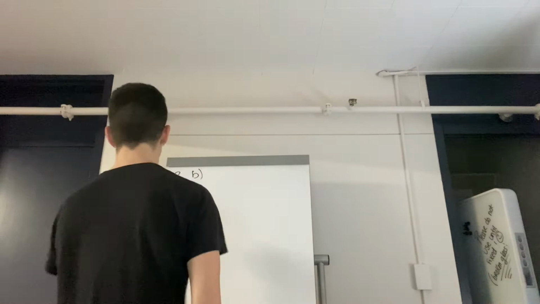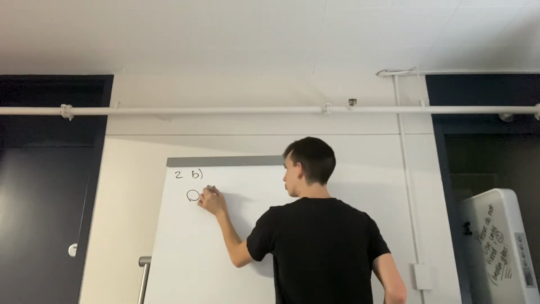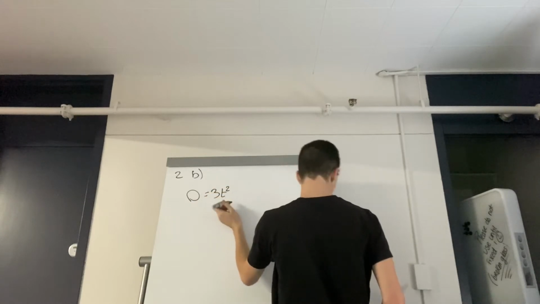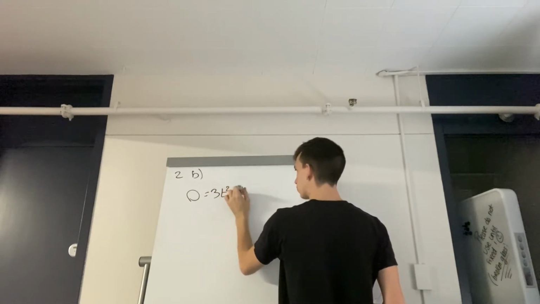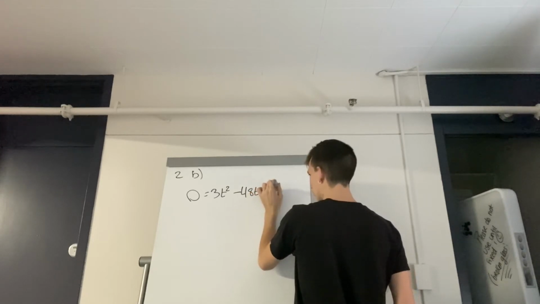For problem 2, part B, it is asking at what time does the bead stop moving. So for this, we are going to set the function that defines the velocity equal to 0. To do this, we are going to do 0 equals 3t squared minus 48t plus 144.